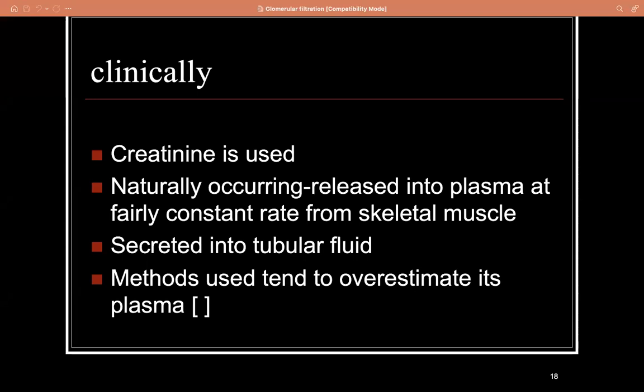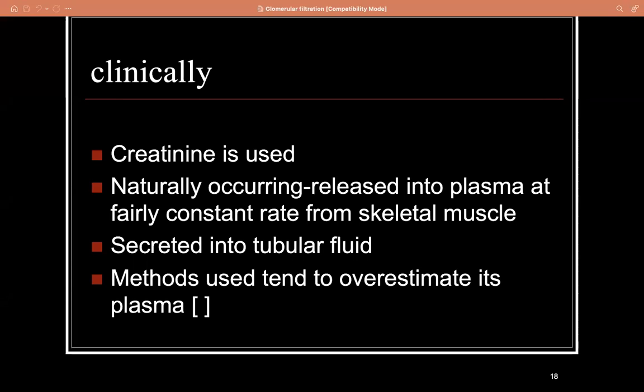So it is within the system and is always secreted into the tubule. So it violates that one principle. It is filtered, yes. It is given into the urine. It is not reabsorbed. However, it is secreted into the tubule. So it violates that rule.